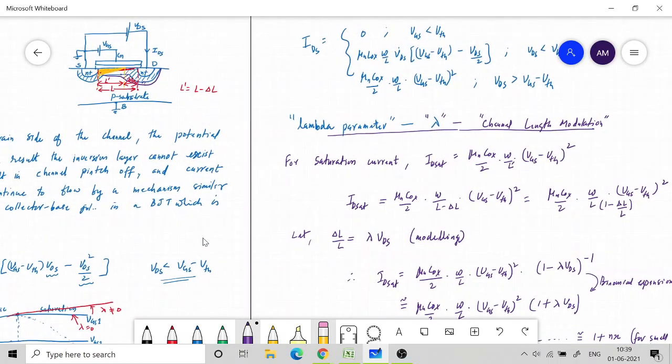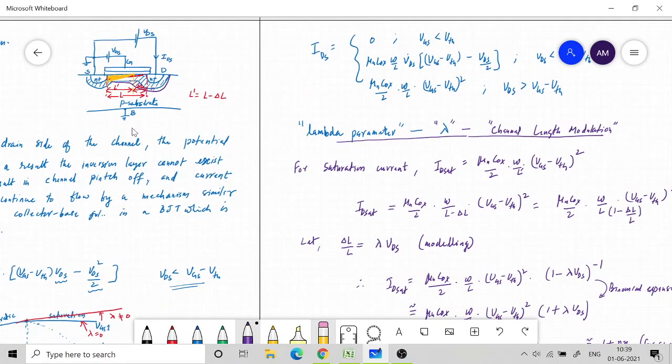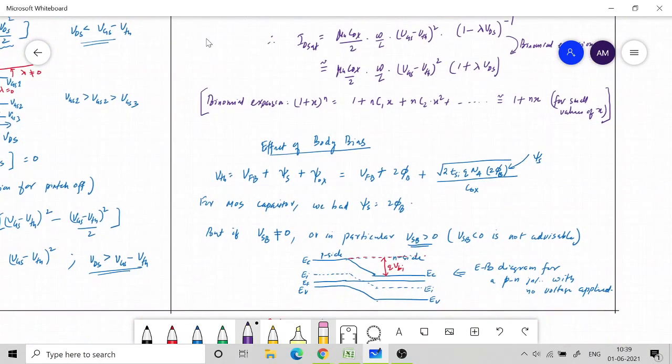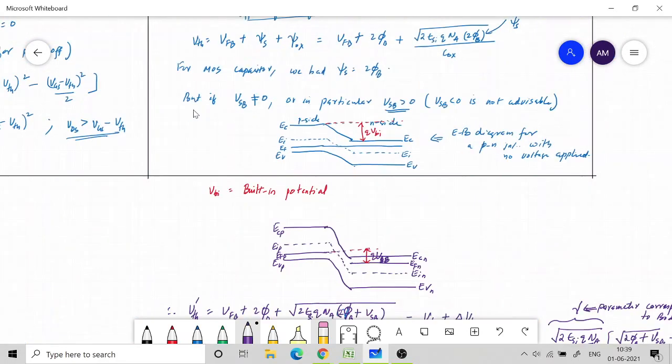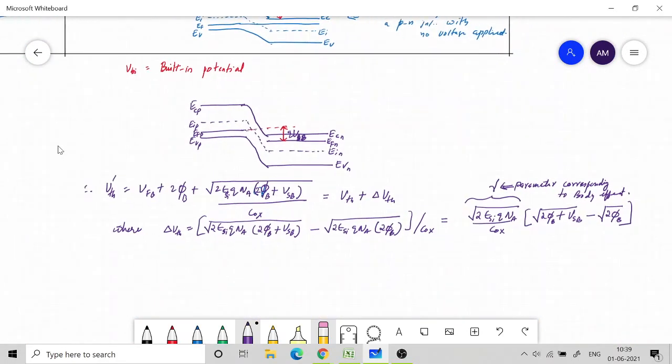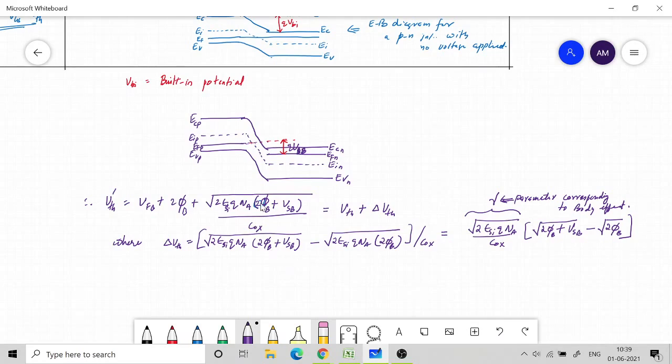Or in other words, if the bulk is applied a more negative potential, that is going to attract the holes into the bulk terminal, thereby increasing the depletion region inside the device. Okay, so that increased depletion region will increase the charge. So the new amount of charge is given by this surface potential, which is 2 phi b, that was the earlier potential, plus your VSB.